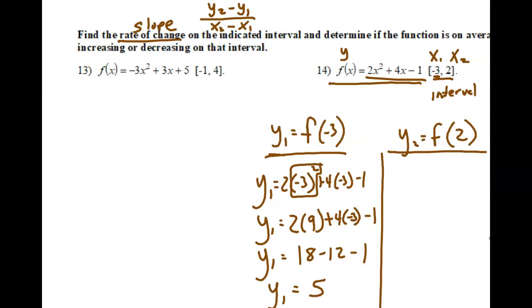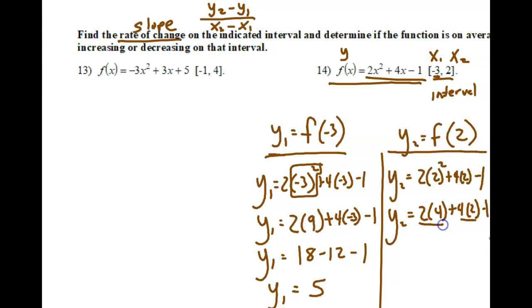Let's go ahead and find out what our y2 is. So now I'm going to plug 2 into the same equation there. Once again, squares are first. So both of these are 8 by multiplication, the next step. And subtraction from left to right is going to give me 15.